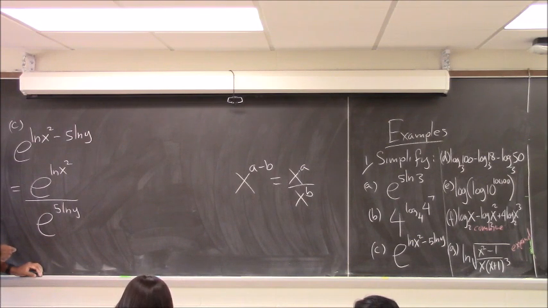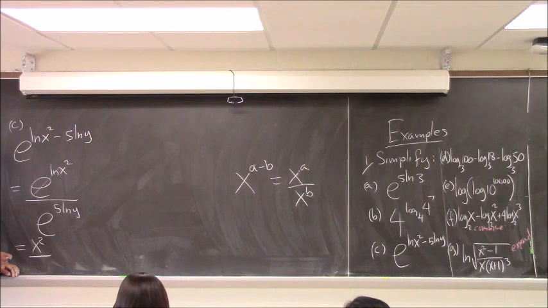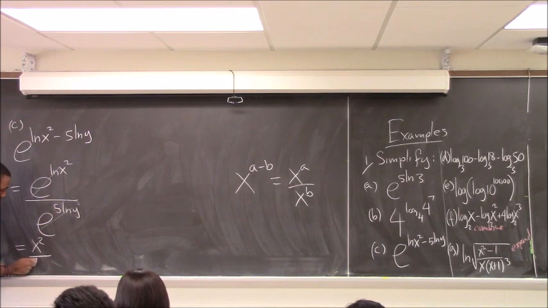Now what? Cancel what? Where? ln and e are right beside each other, right? So that will give me an x squared in the top. What about the bottom? Right, put the 5 up here, and then the e and the ln would cancel, and you'd have y to the 5th.